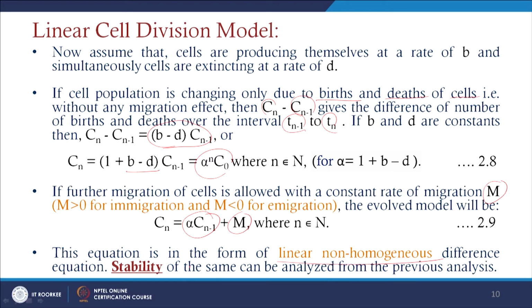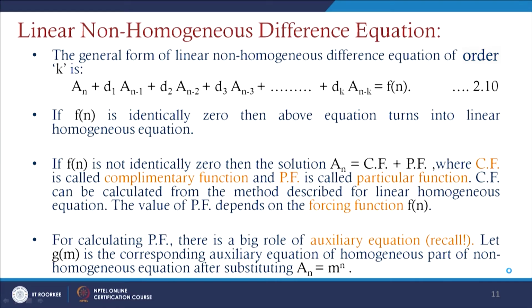If we go for linear non-homogeneous difference equations, the general form of a linear non-homogeneous difference equation of degree k can be written as a_n plus d_1 a_(n-1) plus d_2 a_(n-2) plus d_3 a_(n-3) up to d_k a_(n-k) equals f_n. If f_n is identically 0, then the above equation turns into a linear homogeneous equation.